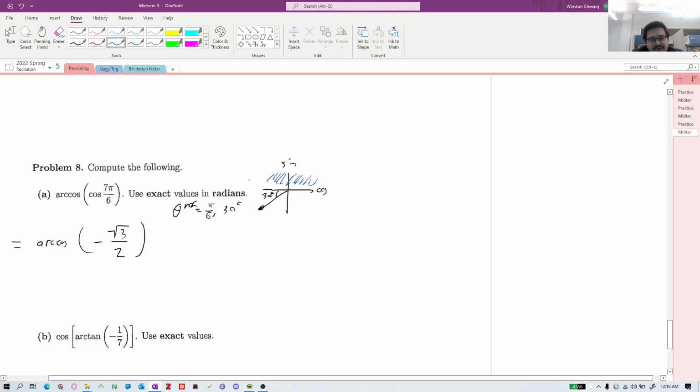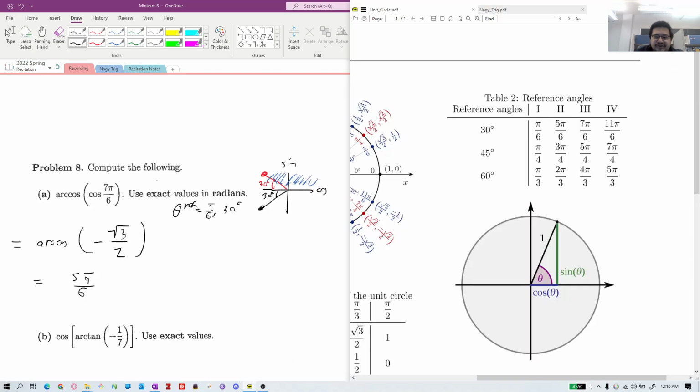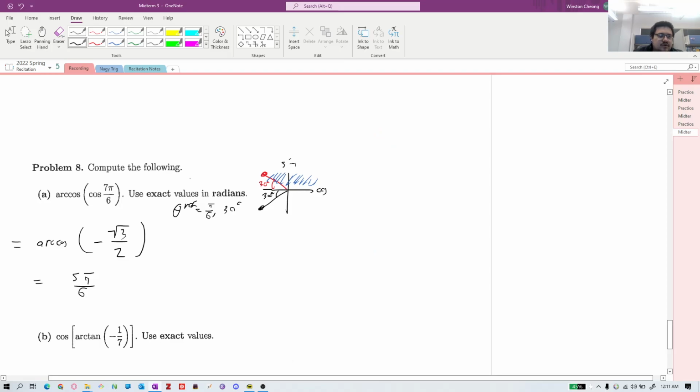It can't be in the first quadrant, because in the first quadrant everything is positive. So our angle is actually this guy, a 30-degree angle in the second quadrant, which gives me the value 5 pi over 6, which you can see from the unit circle. So a 30-degree angle, but in the second quadrant instead, is 5 pi over 6. And may as well box that.